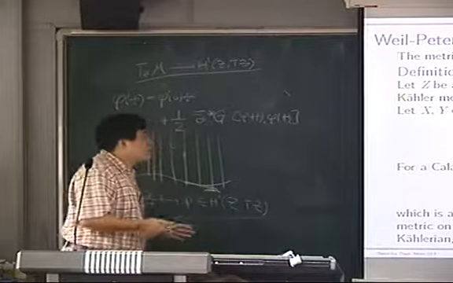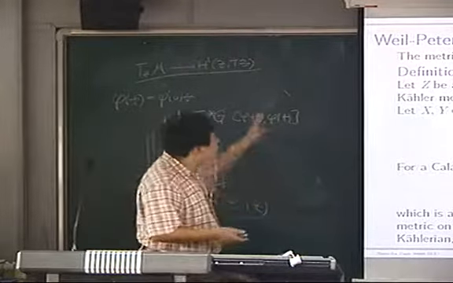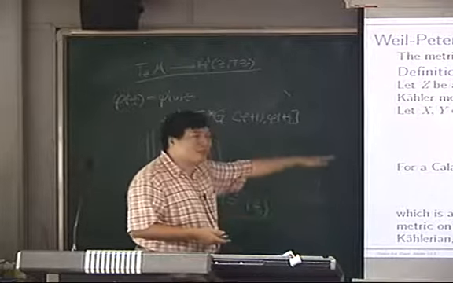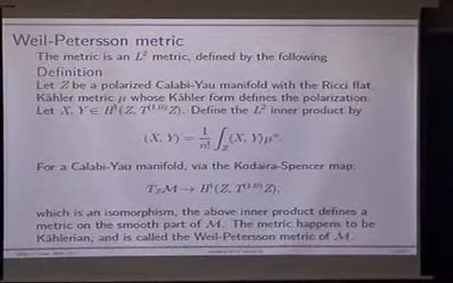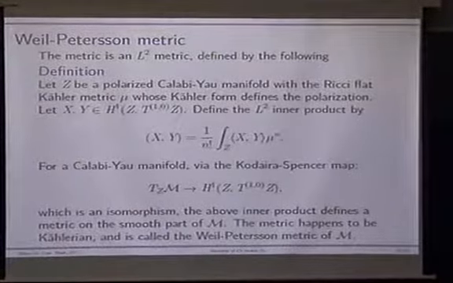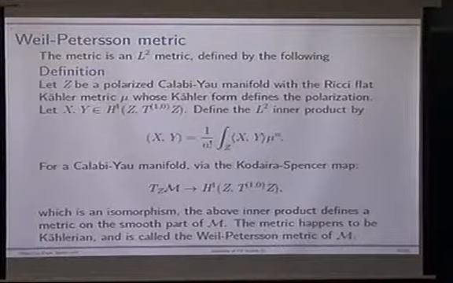What I want to say is that for Calabi-Yau manifolds, the Weil-Petersson metric can be defined in this general way, but it is very special. It is almost unique in Weil-Petersson geometry, and let me explain that.